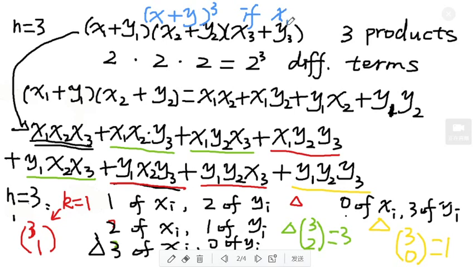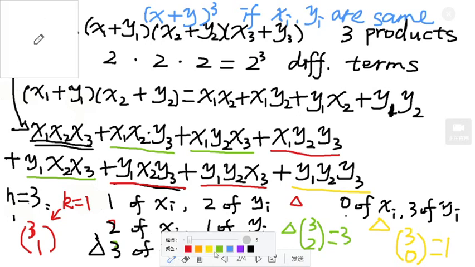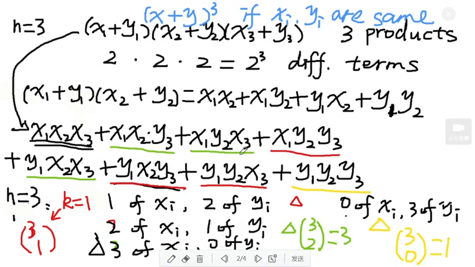If xi, yi are the same, I just choose a different color to illustrate the red color. If all the xi, yi are the same, that becomes x plus y cubed, right? So if all the x's are the same, let's check the green color.